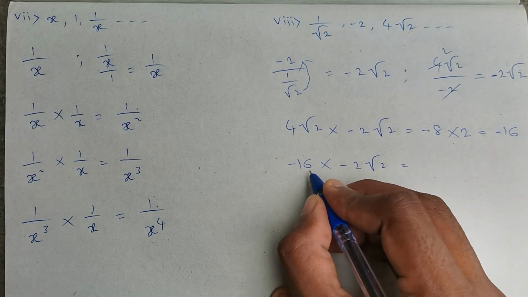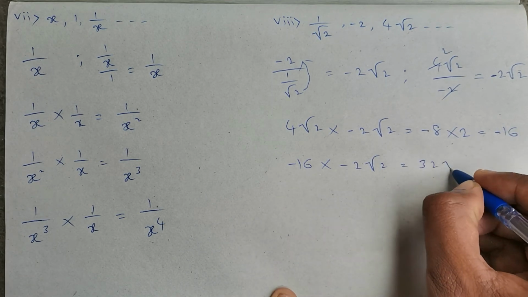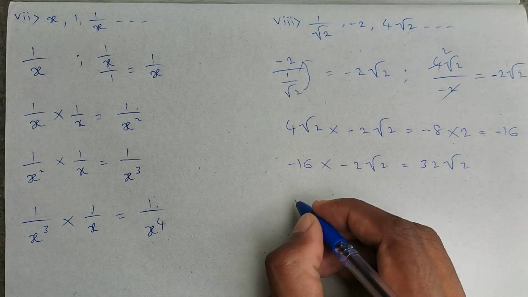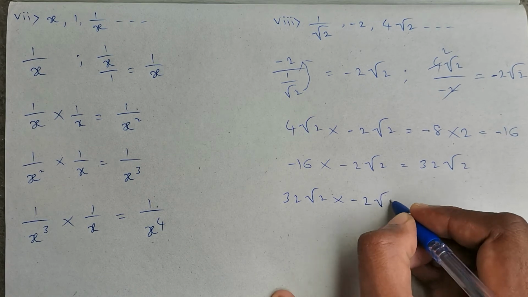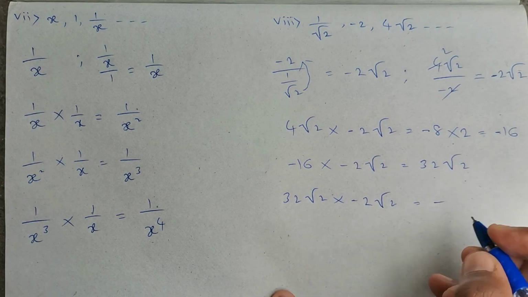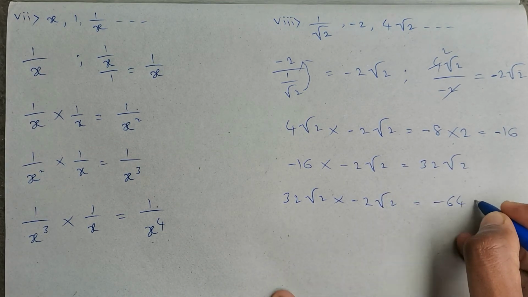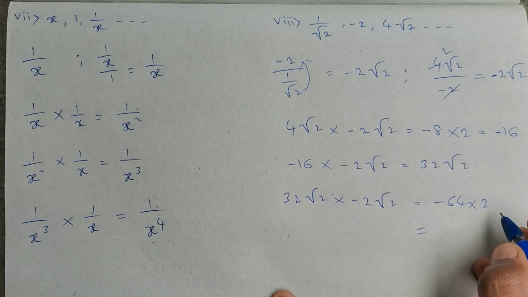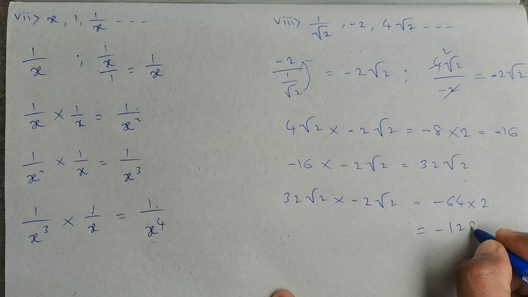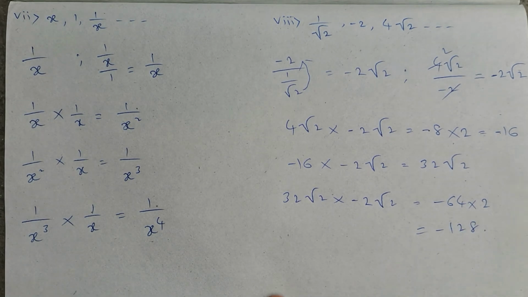Minus into minus is plus, 16 into 2, 32 root 2. Now 32 root 2 we need to multiply with the ratio minus 2 root 2. Here only one minus is there, so minus 32 into 2, 64, into root 2 into root 2, which is 2, equals minus 64 into 2, minus 128. So the next three terms are minus 16, 32 root 2 and minus 128.